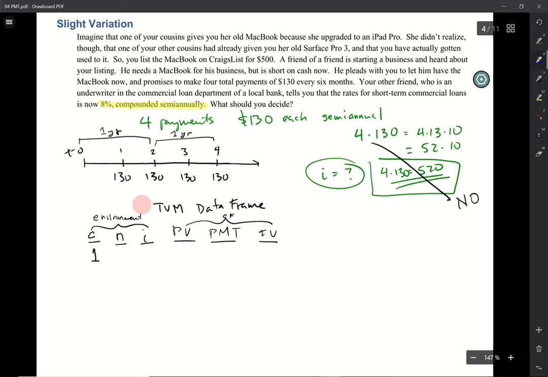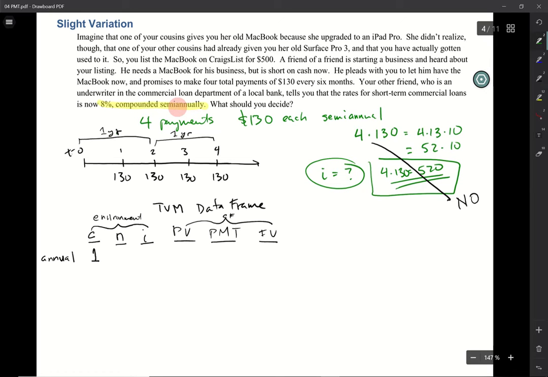And this actually means annual. Here, kind of jumping ahead, we know that this is semi-annual. So when we see that this is semi-annual, where do we put this information on the TVM data frame?